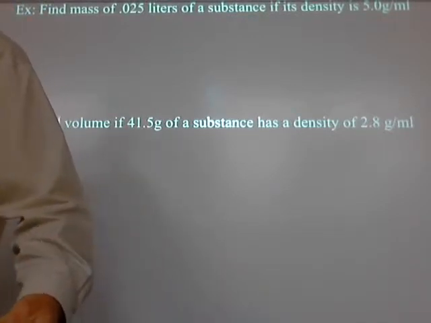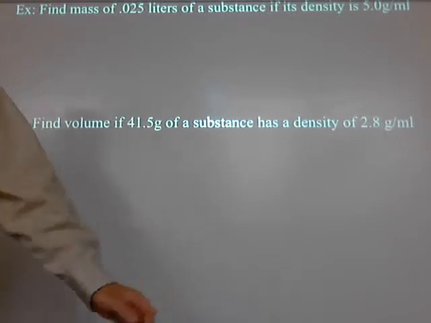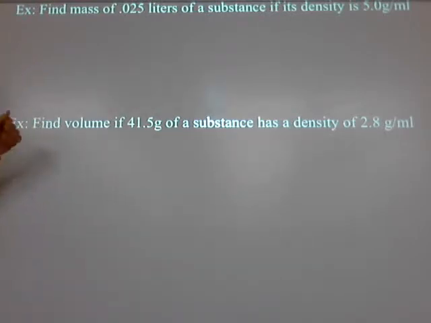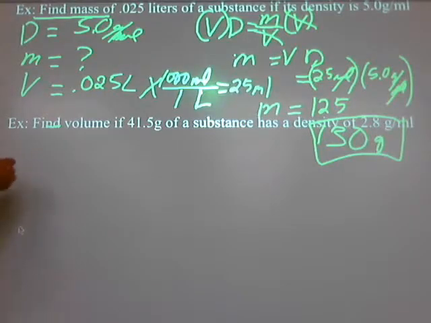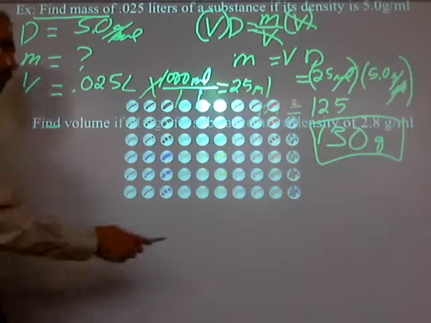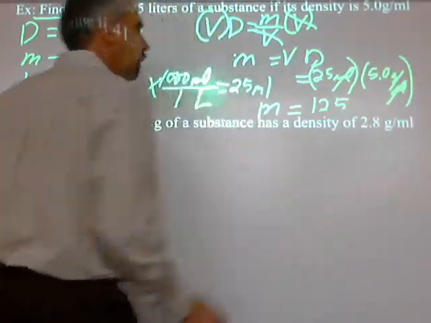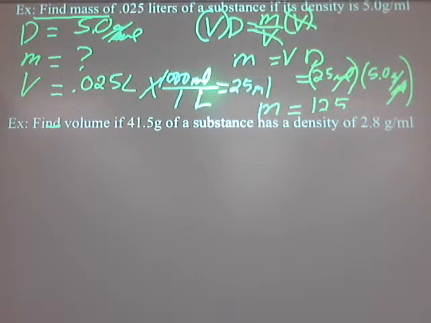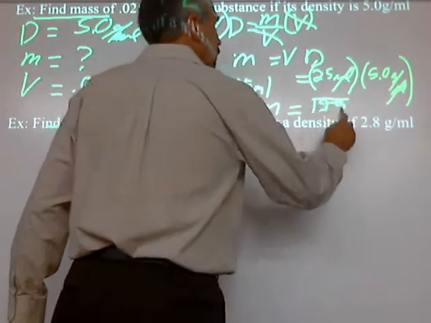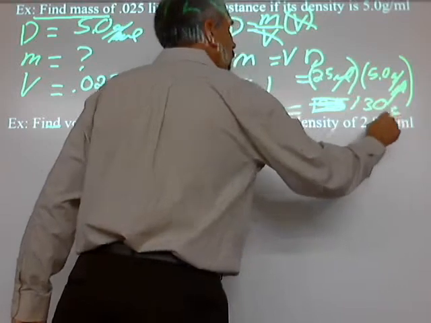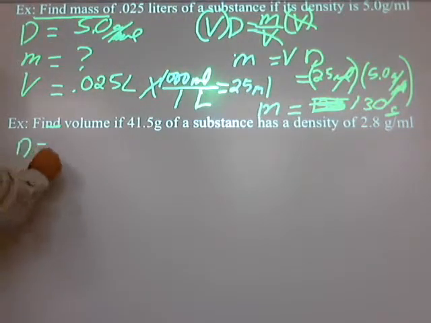All right, so this time I'm told I have 41.5 grams of the substance, and I'm told its density. All right, let's set this guy up. I have to erase that guy over. And we'll set that up the same way.